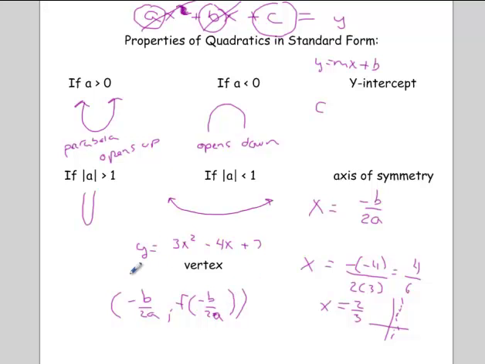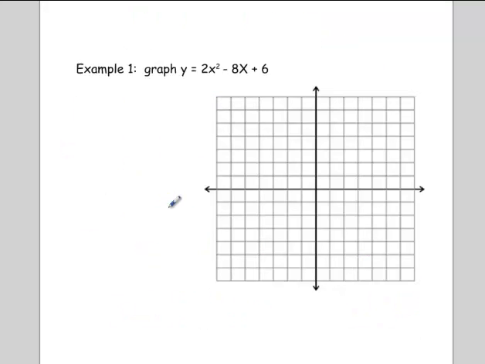All right, so here's my vertex, and we will have an example like that pretty quick. Okay, our first example: graph y equals 2x squared minus 8x plus 6. The first thing we are going to do is find our axis of symmetry. That's going to be x equals negative b over 2a. b is negative 8, so I've got the negative from the formula and the negative 8 from the equation.